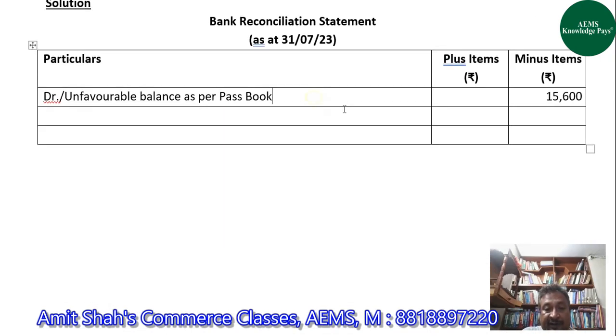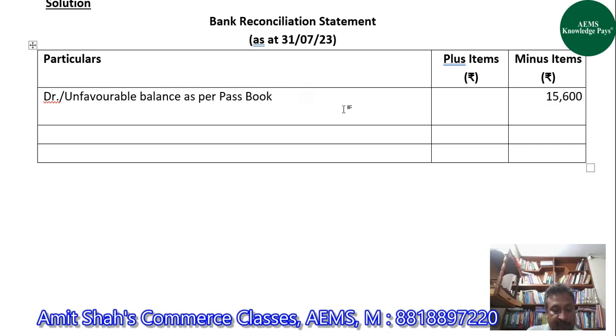So this 12,700 will come in the plus column, for which we'll write here: checks deposited but not cleared or credited, 12,700.